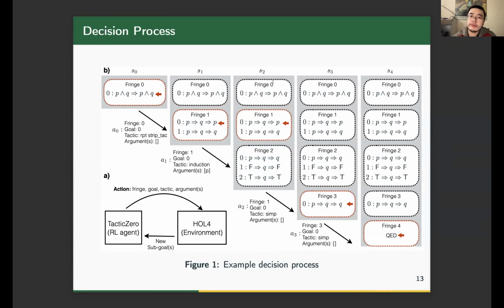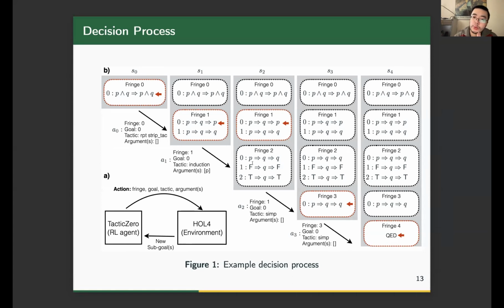So this set of fringe is a state in the Markov decision process. Our action is that, given a state, we choose a fringe to deal with. This is similar to identifying which set of sub-goals are easier to solve.